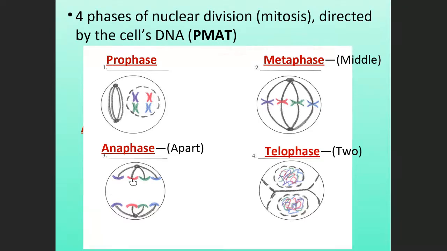Then anaphase pulls the two chromatids apart from each other, and then in telophase the nuclear membrane starts appearing on both sides, and the cytoplasmic furrow appears in the cell.